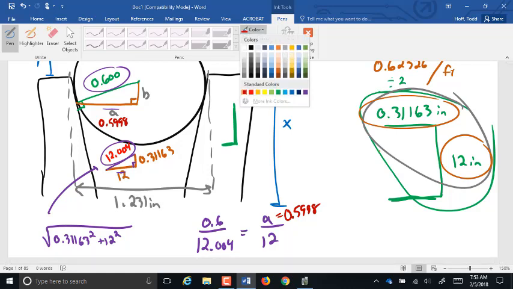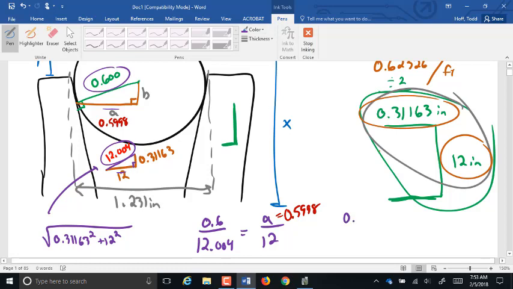B can be found in the same way. 0.6 is to 12 as B is to 0.31163.